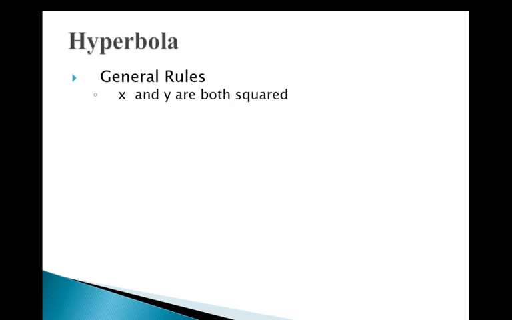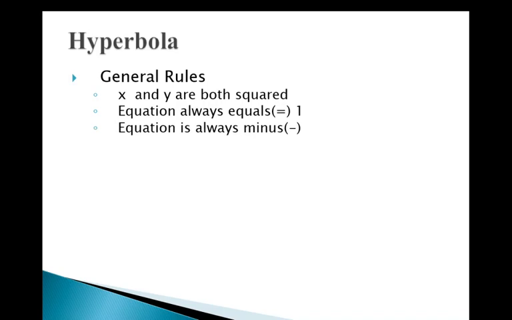Okay? All right, so let's get to the math. So hyperbola, general rules. X and y are both squared, just like our circle and our ellipse. The equation always equals 1, so very similar to our ellipse. But the equation is always minus. It's always either y minus x or x minus y.